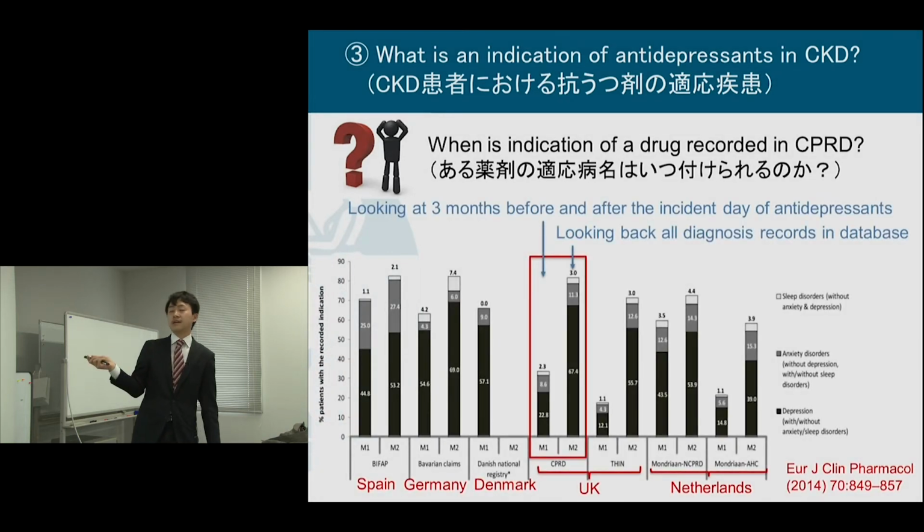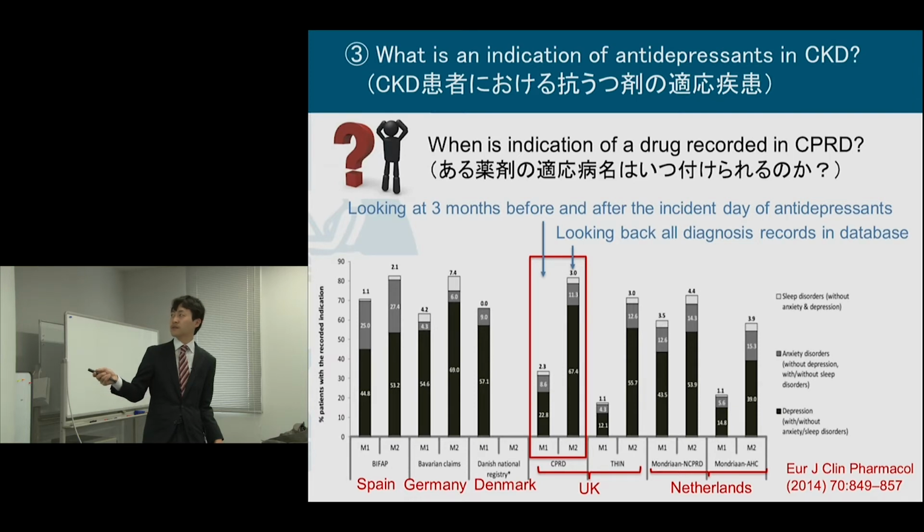So I found, in the case of antidepressants, a previous study comparing 7 European databases when the diagnoses are recorded for individual antidepressant prescription. And in the case of CPRD, if you look at only 3 months before and after the incident day of antidepressants, the proportion of indication recorded was very small, at 30%.